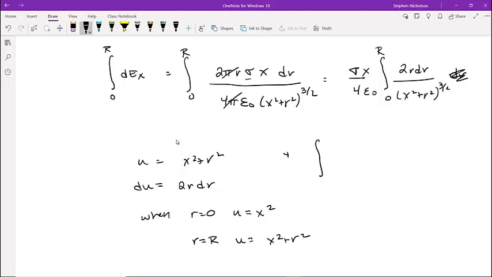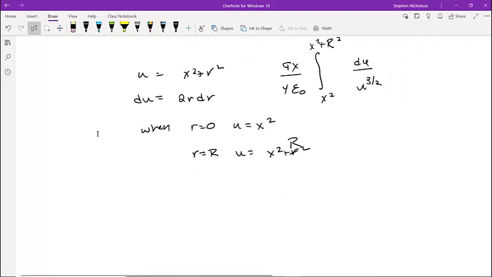So we're going to have sigma, charge per unit area, times x over 4 epsilon 0. We integrate from x squared to x squared plus R squared of du over u to the 3/2 power.